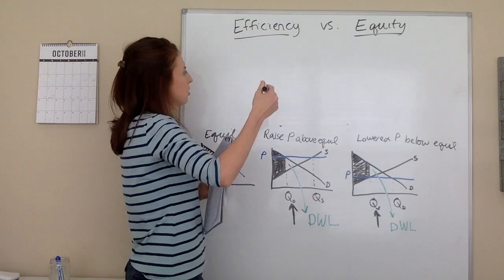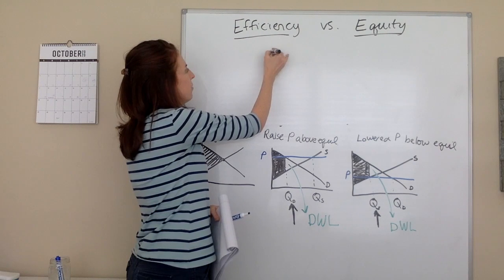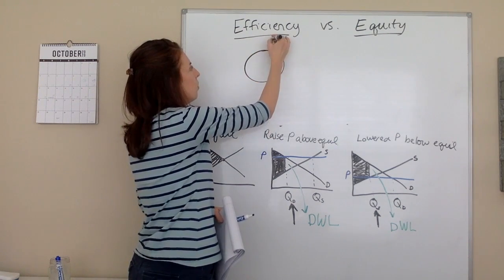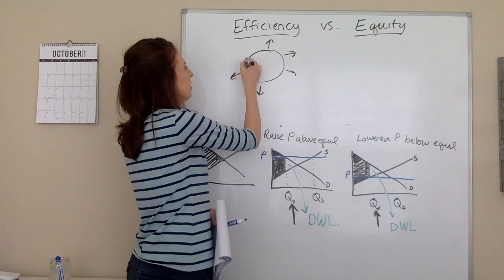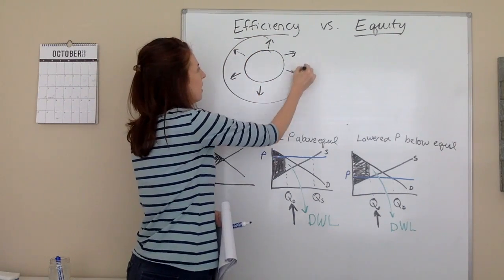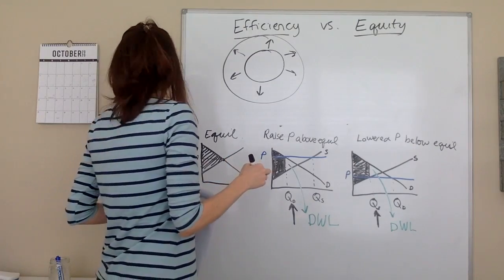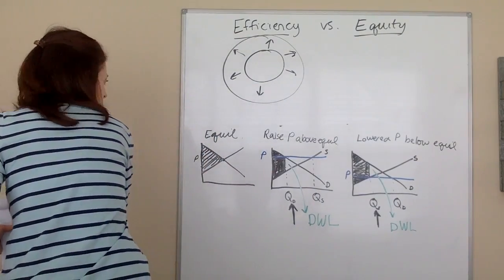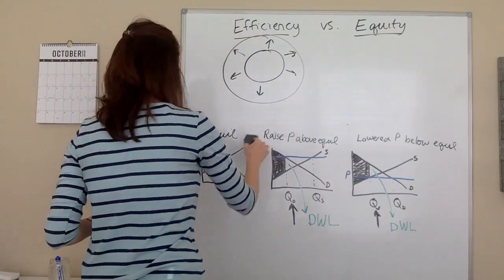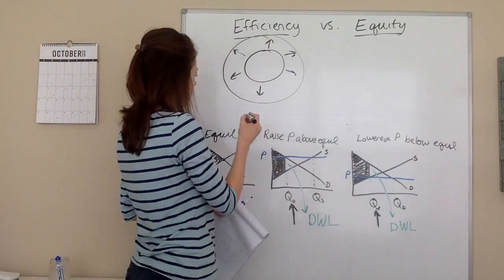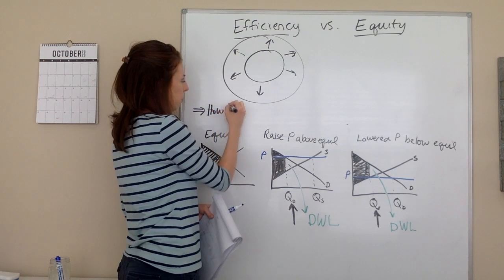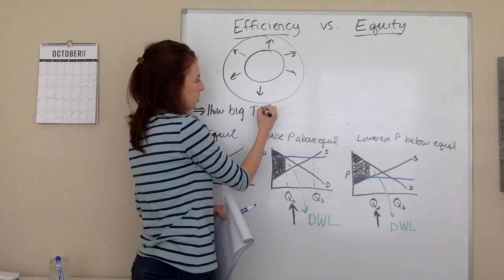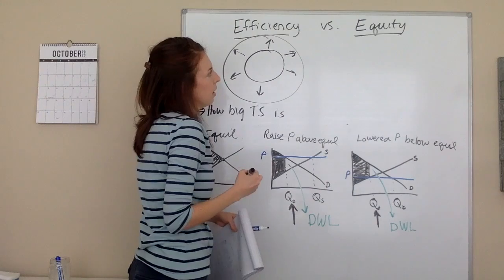So the picture you should think about here is that efficiency has to do with how big or small the overall pie is. Actually, I'll write it here. This has to do with how big total surplus is.